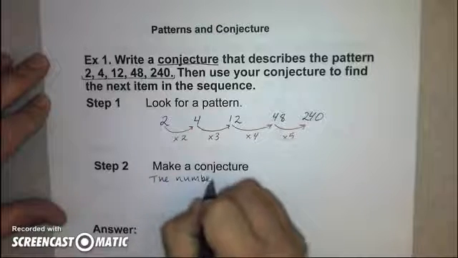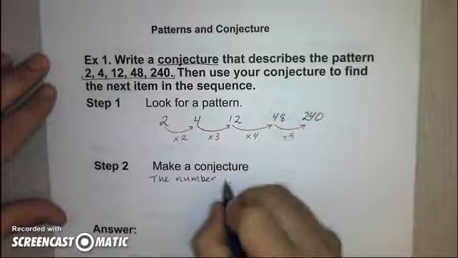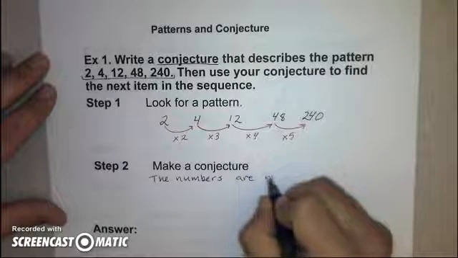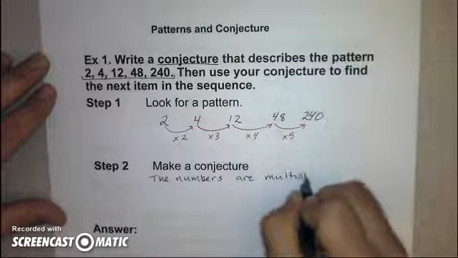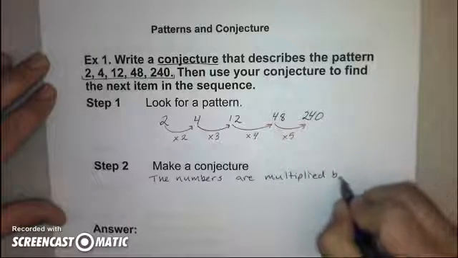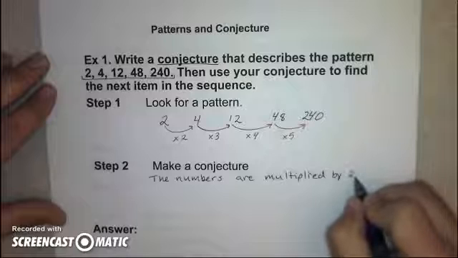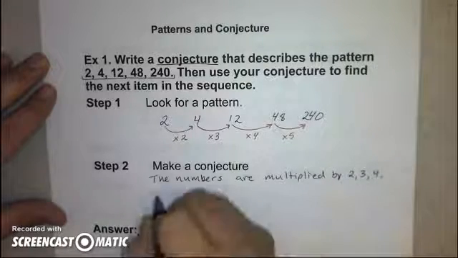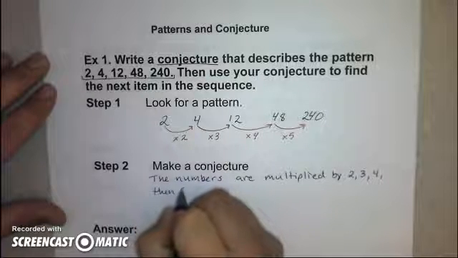The numbers are multiplied by 2, then 3, then 4, then 5.